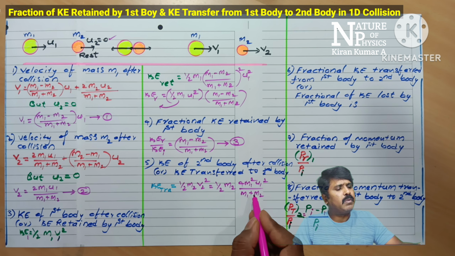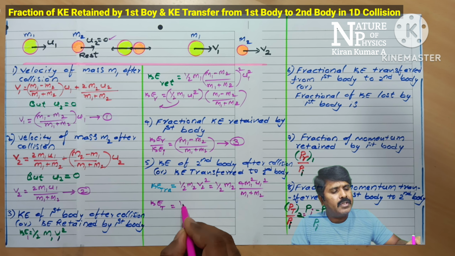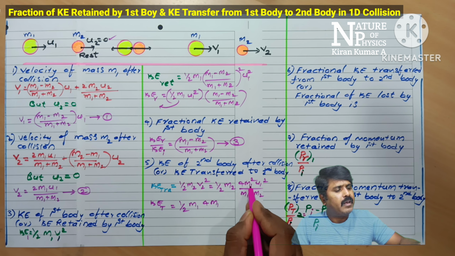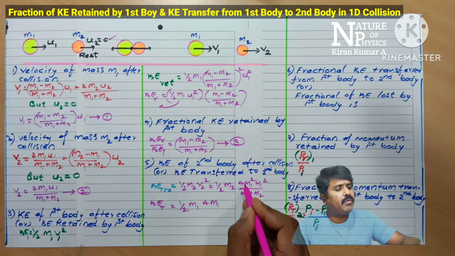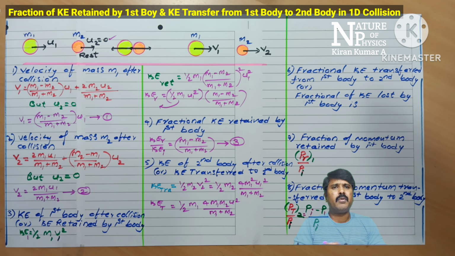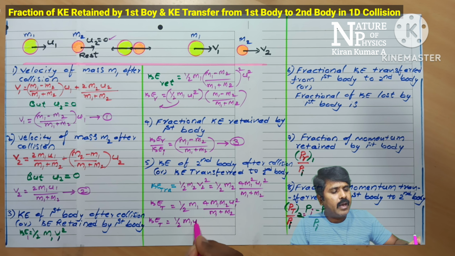Here we can notice that, rearranging the equation, kinetic energy transfer is equal to 1 by 2 of m1 into u1 square, and the remaining value is 4 m1 m2 divided by (m1 plus m2) whole square. Another way to write it: kinetic energy transfer is equal to 1 by 2 of m1 u1 square, this is the initial kinetic energy, and the remaining value is 4 m1 m2 divided by (m1 plus m2) whole square, student.